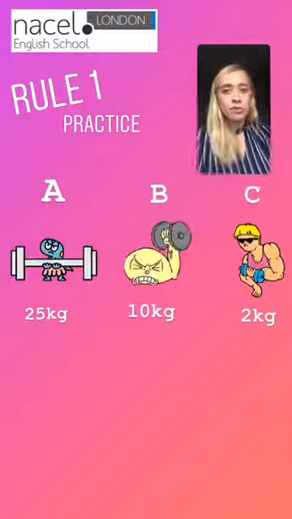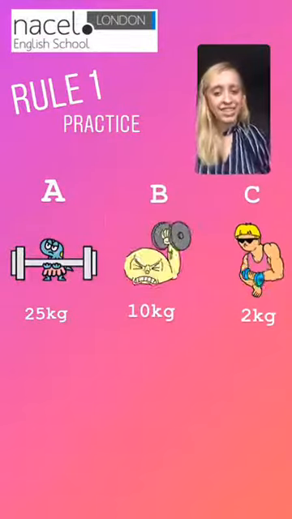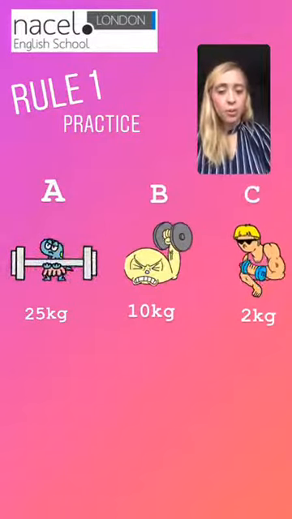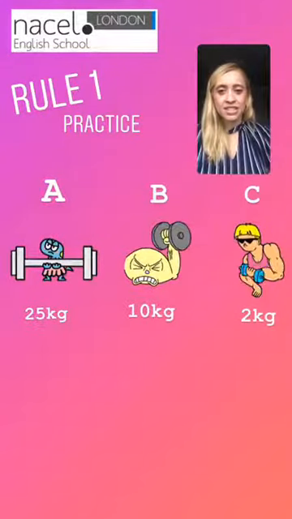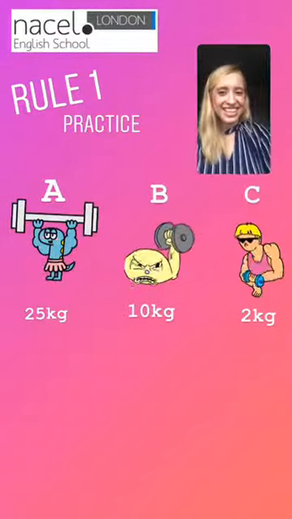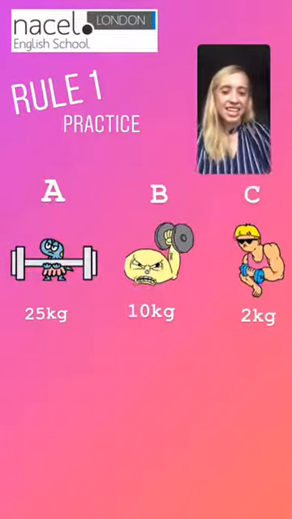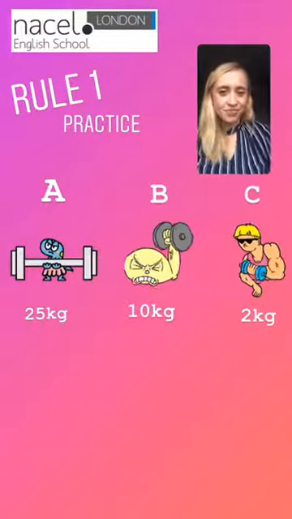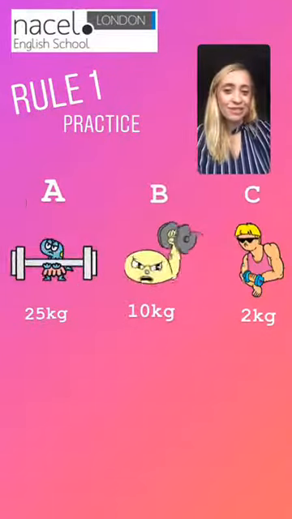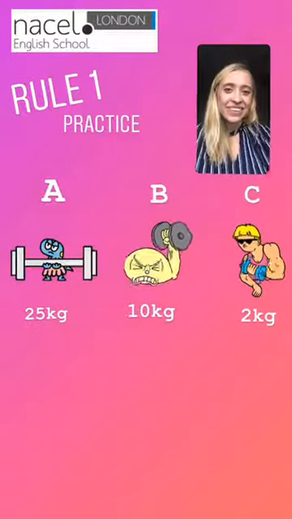It's rule 1, so we're looking for a 1-syllable adjective to give me a sentence about these emojis. I'll give you a few seconds to have a think what this adjective is and what your superlative is. If you think you know the answer, send it in a message and we will see if you are correct.